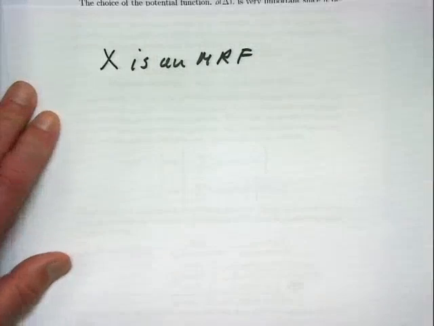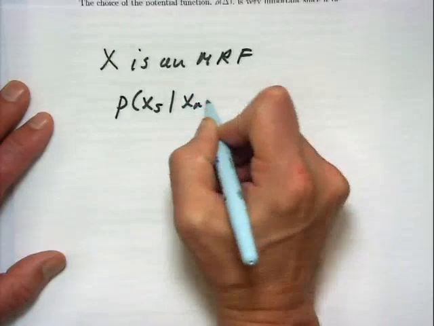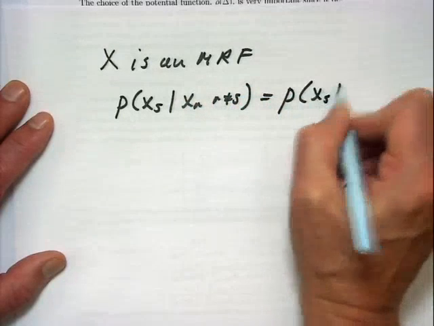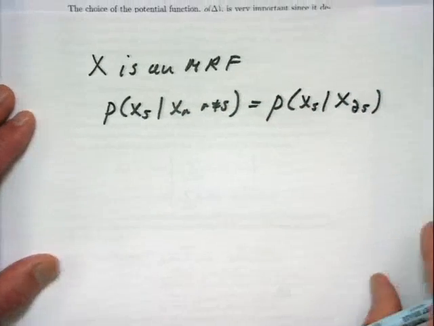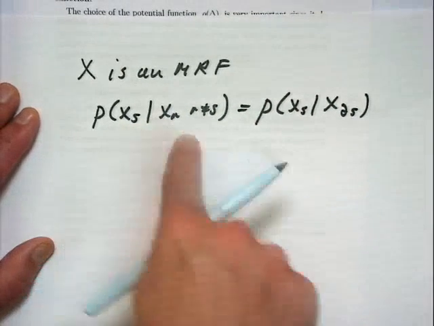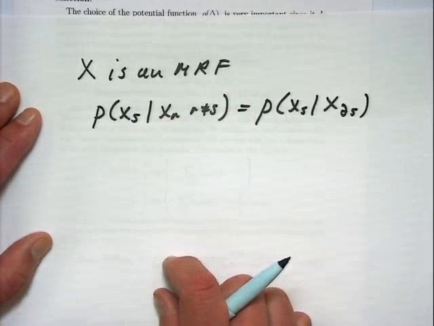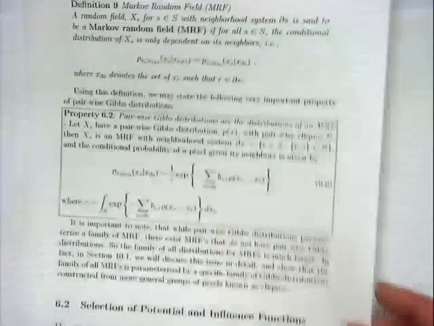X is an MRF. What's the definition? It's an MRF if the conditional distribution of x_s given x_r for r not equal to s is only a function of the neighbors. So if the conditional distribution of a pixel is only a function of neighbors, that's the definition of a Markov random field.